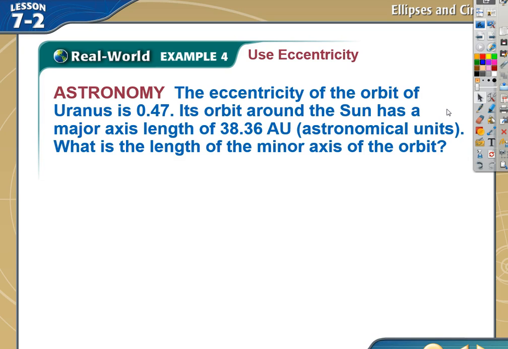Last one is using an eccentricity to find out information about our ellipse. So they say here the eccentricity of an orbit of Uranus is 0.47. Its orbit around the Sun has a major axis length of 38.36. Let's kind of draw this out. Here's my ellipse of Uranus going around. There's my big giant planet.